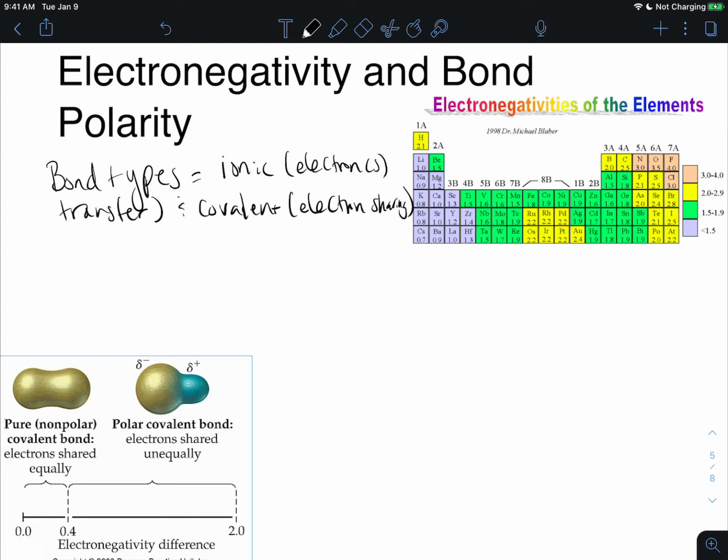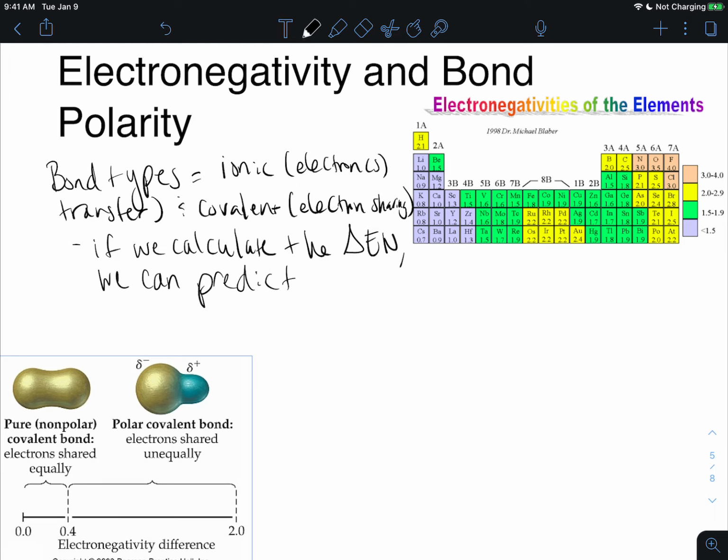And both of these can be seen by looking at our electronegativity value differences. So if we calculate the difference in electronegativity, we can predict the bond type.